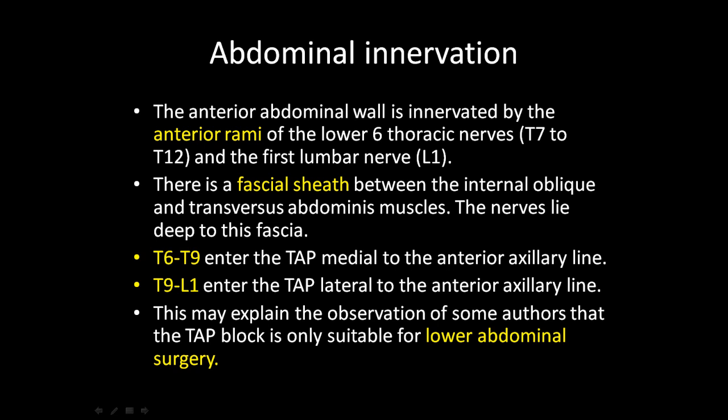From T6 to T9, the segmental nerves enter more medially to the anterior axillary line, which means that these segmental nerves may not be present in the TAP plane at the mid-axillary line, and therefore if you deposit a local anesthetic there, you may not be able to block these nerves because these nerves have not yet entered the TAP plane, whereas the nerves from T9 to L1 have entered the TAP plane before coming to the anterior axillary line, which is lateral to the anterior axillary line.